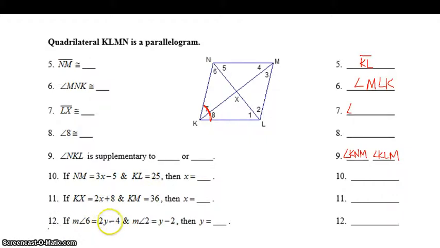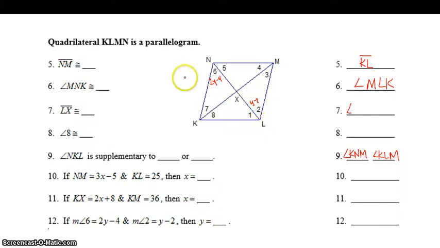Let's see, I'm only gonna do this number 12 one here. So let me erase that piece. On number 12, I know that the measure of angle 6 here is 2y minus 4, and the measure of angle 2 is y minus 2. So those are angles, and I want to solve for y.